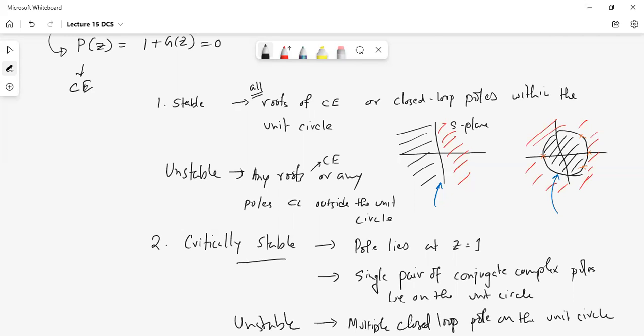What it means is if you have two poles in the same location, or more than one pole in the same location on the unit circle, in that case the system will be unstable. Why? Because if you look from the point of view of classical control, we know that a multiple pole means something like 1 by (s plus a) squared.